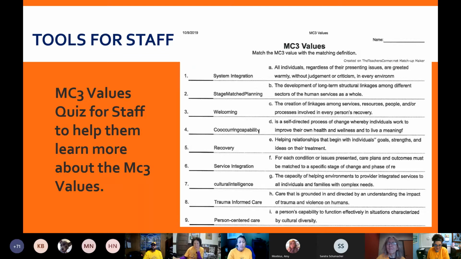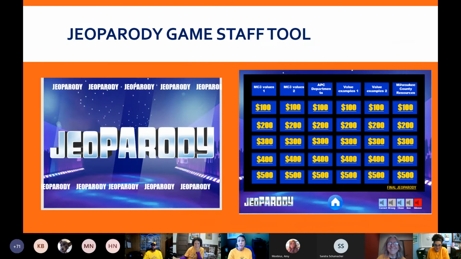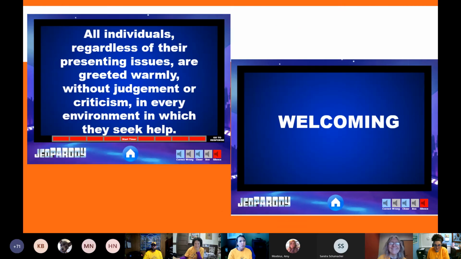We did little quizzes during team meetings and helped people learn about the different values. We did a Jeopardy, and someone in our TCM department created this. It was so ingenious. You can choose different categories and say, okay, I choose welcoming, and then you have the answer, and they just made it fun. And so people learn through this.